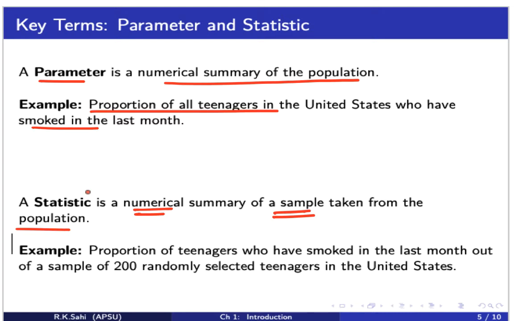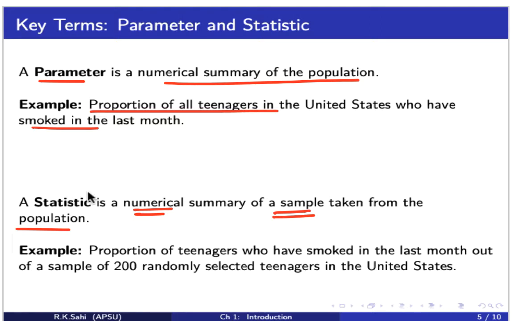So be very, very vigilant. This statistic, in reference to the way it is being used, is a numerical summary of a sample. And when I say the word statistics, as in statistics is the art and science of learning from data, there are two different interpretations of the same word.